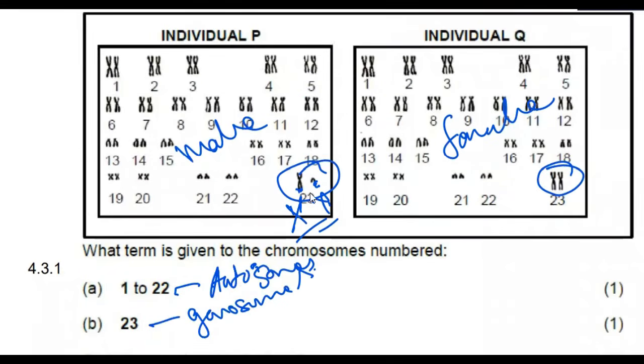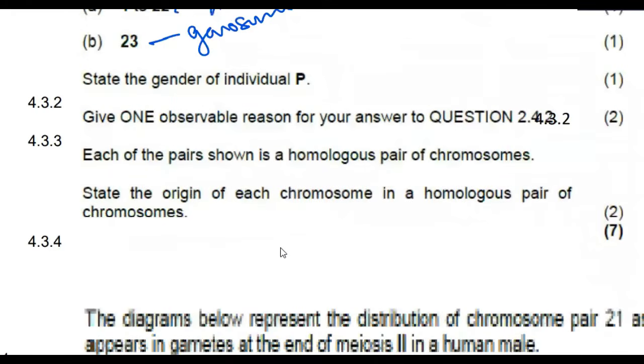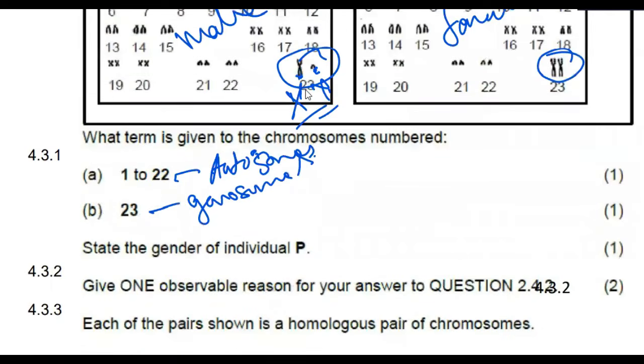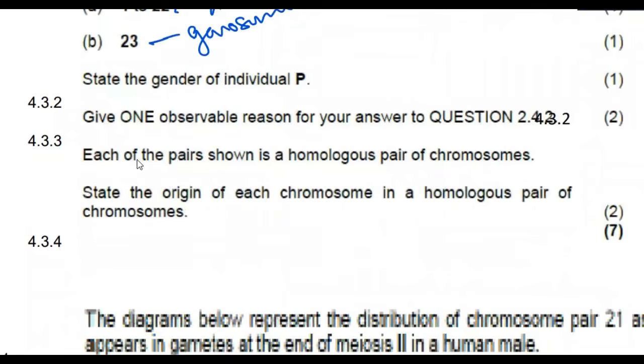P is male, because of this. Give one observable reason: in the chromosome pair number 23, one chromosome is bigger than the other. Therefore, one is X, one is Y. Hence, the person is a male.